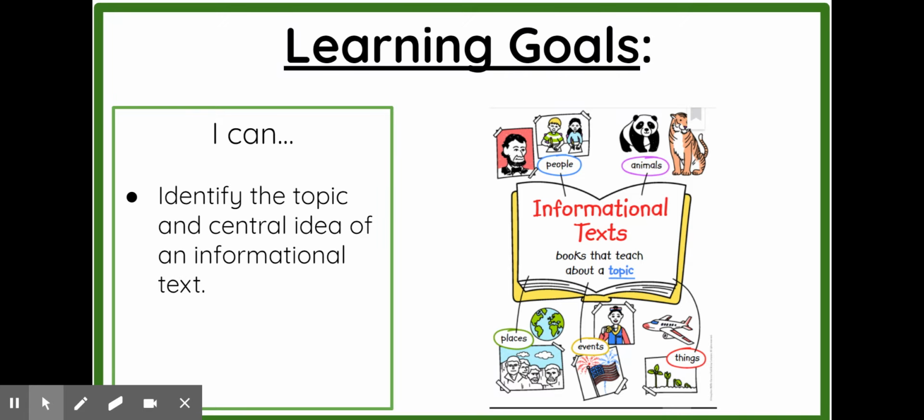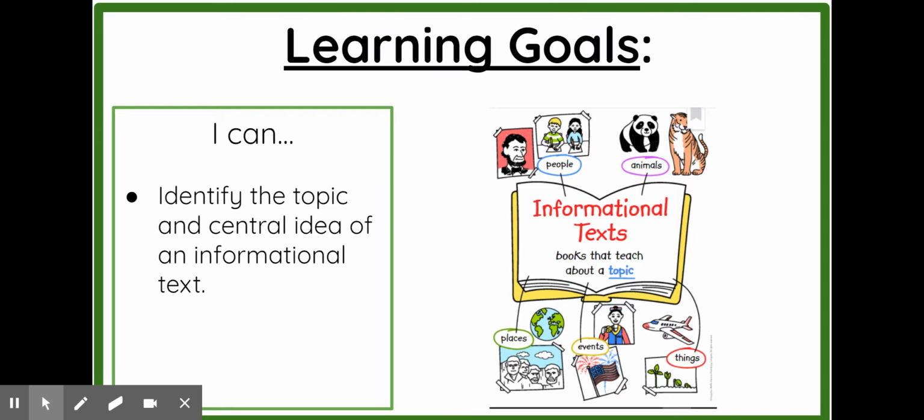The topic in an informational text is what the text is mostly about in one or two words. That means you're not going to go into a long talk about what it's about. You might say the book is about pandas or the book is about airplanes.